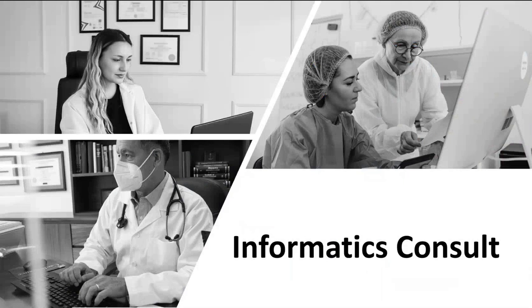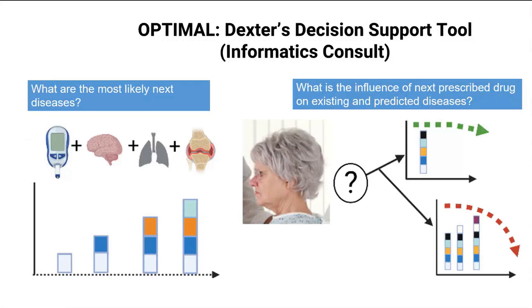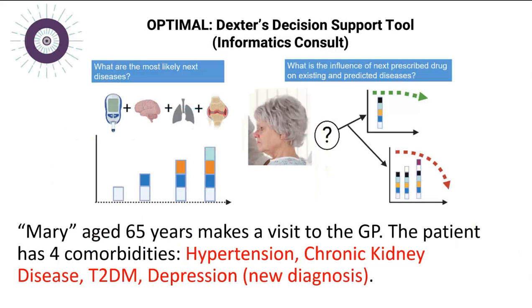I won't go through informatics consult. This is around using artificial intelligence to make decisions. For example, Mary has multiple health conditions, like hypertension, diabetes, chronic kidney disease, and depression, which is a new diagnosis.